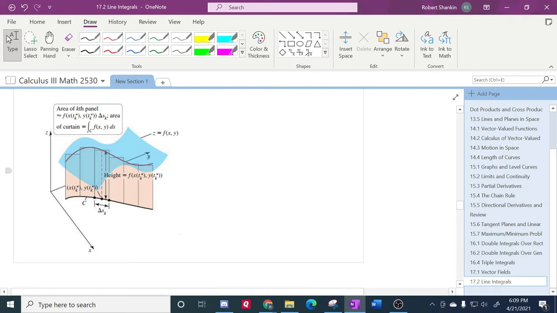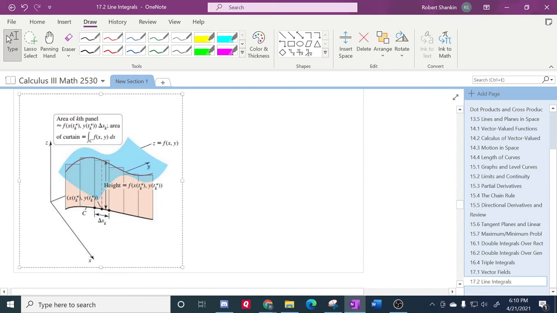When you get this integral, it won't represent the length of this line up here. It will represent the area of the curtain that's hanging down from that line. Because each of these, now remember it was this distance, not this distance.